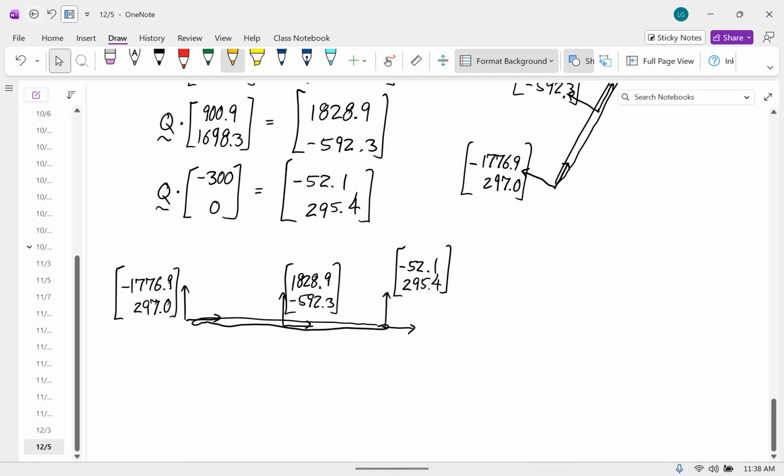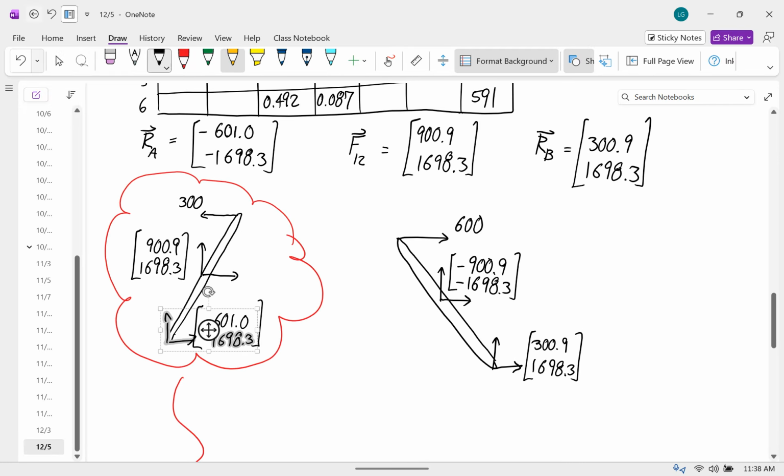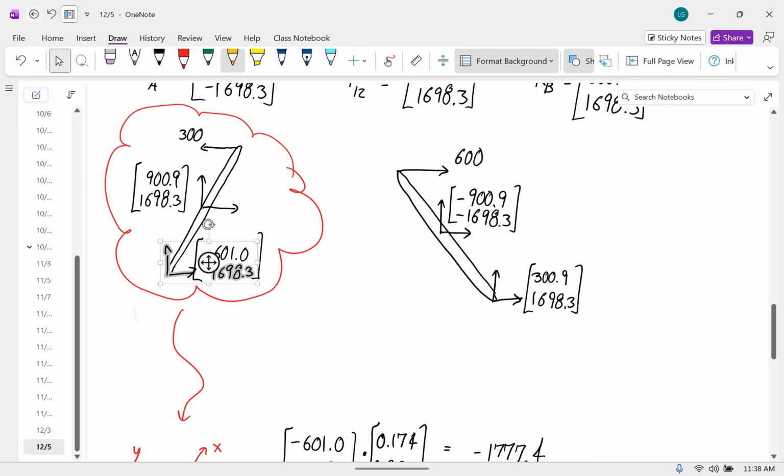How many cuts? Yeah. So for doing the Q and the multiplier, the first one was Q with RA, then F12. Yep. The last one's RB. No, the last one was that 300 pointing to the left. And then the bottom was 1698.3.